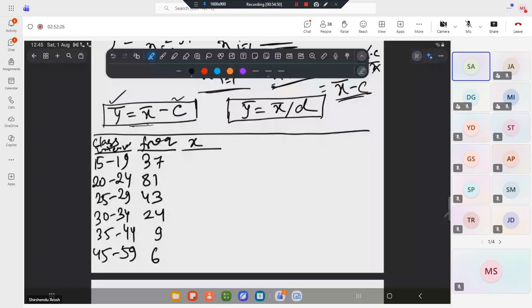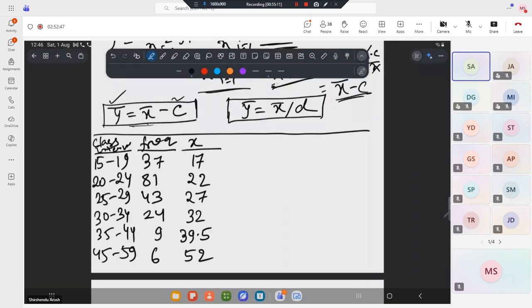As we have found, lower plus upper divided by 2, 15 plus 19 by 2. Like this, let's write down all the class marks for each group or class.